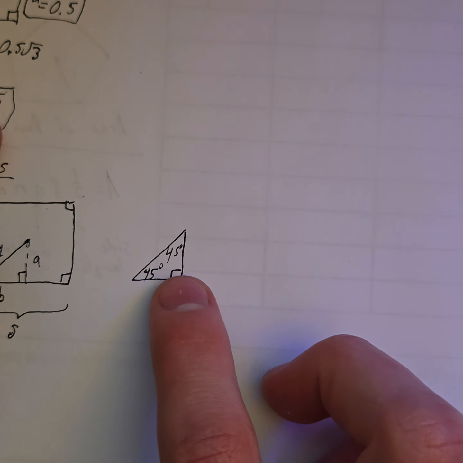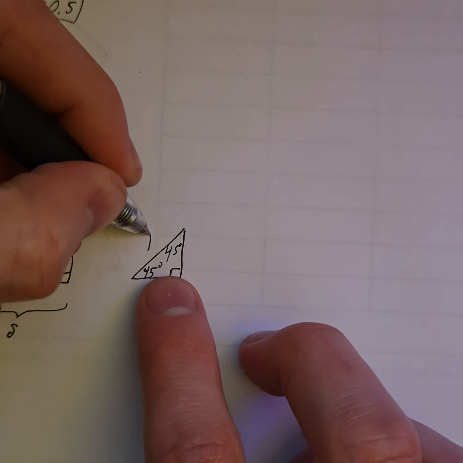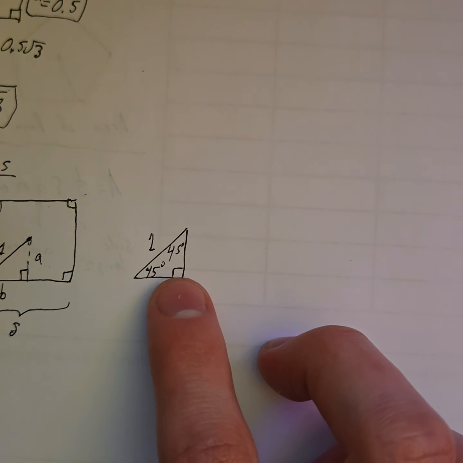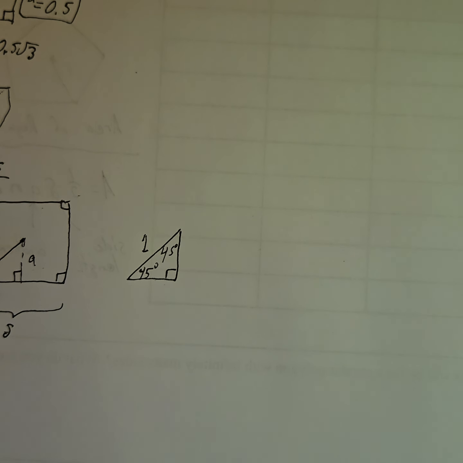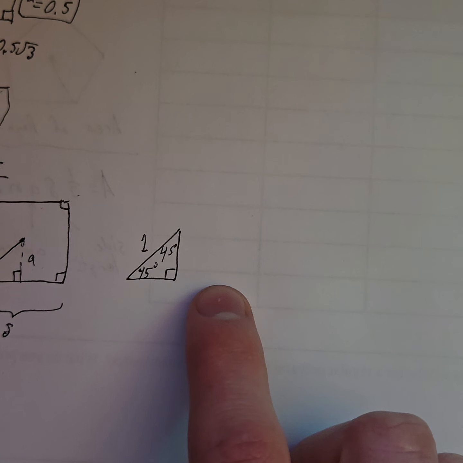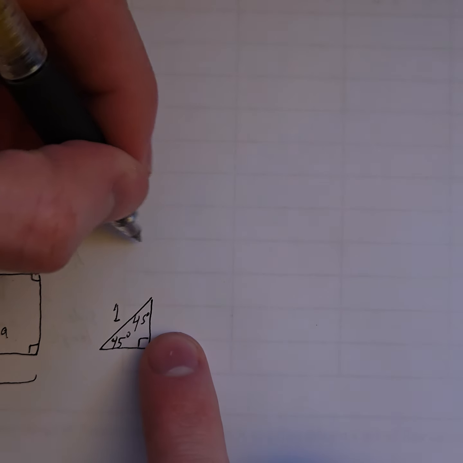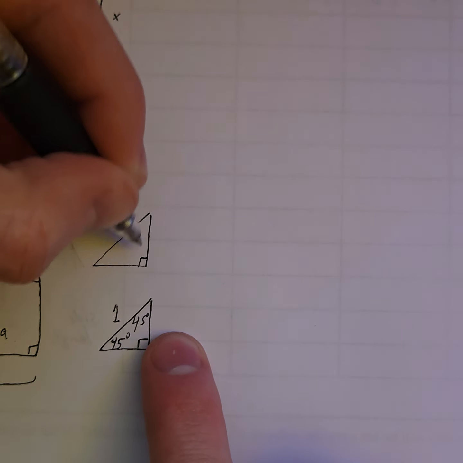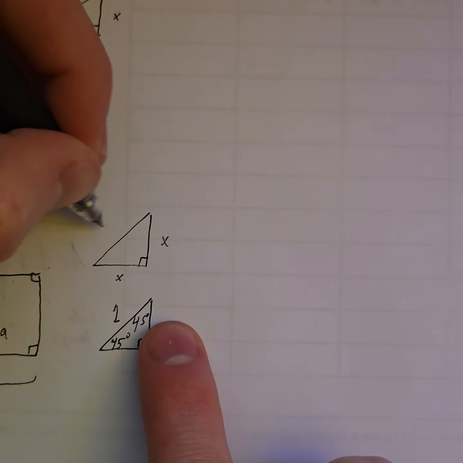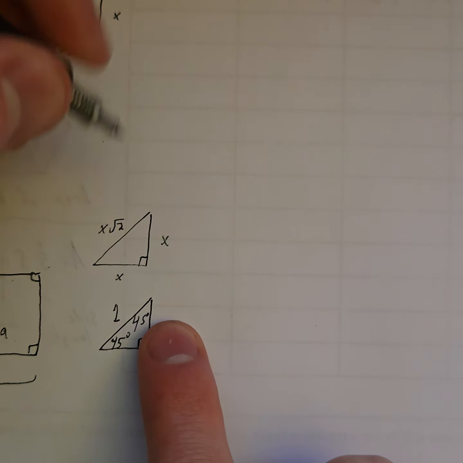So this is a 45, 45, 90 triangle, and we know our hypotenuse is 1. Now if we go backwards to find our apothem, thinking about our special right triangle, it goes x, x, and then x square root 2.